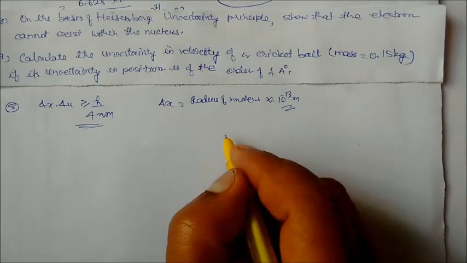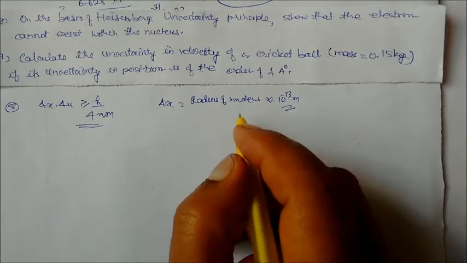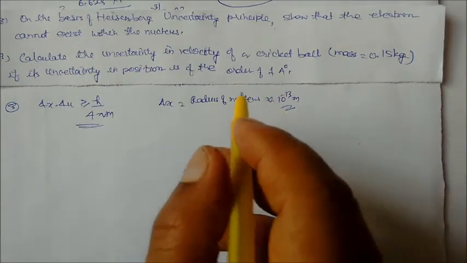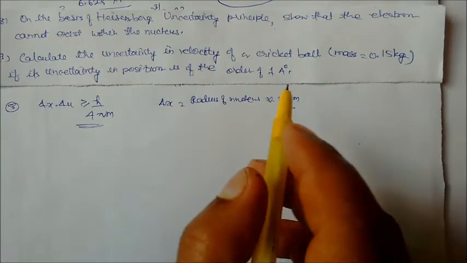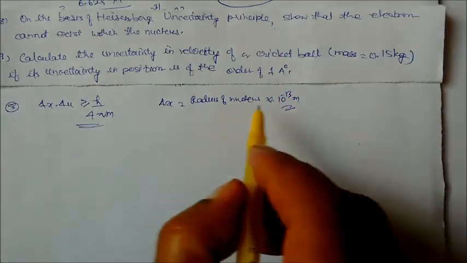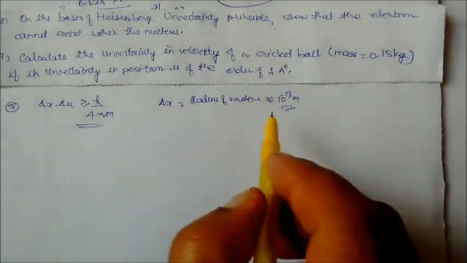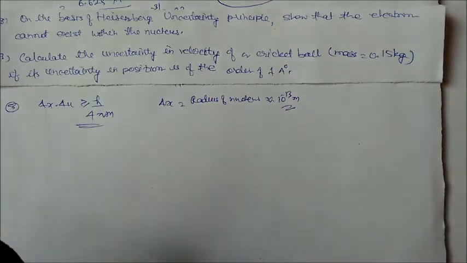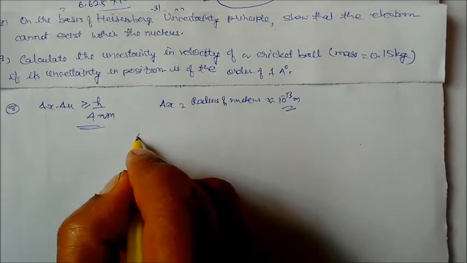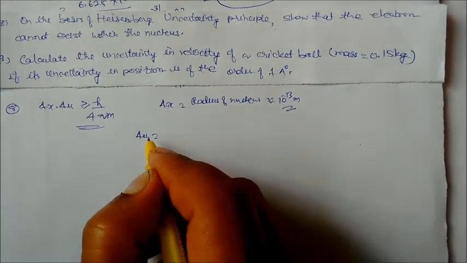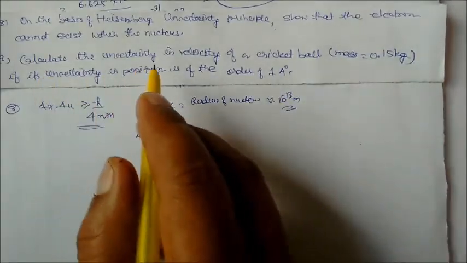This we have to take, and the electron is just near the nucleus, so we'll take almost this distance and then try to solve it. So here delta u of the electron, we have to find whether the electron can exist within the nucleus.